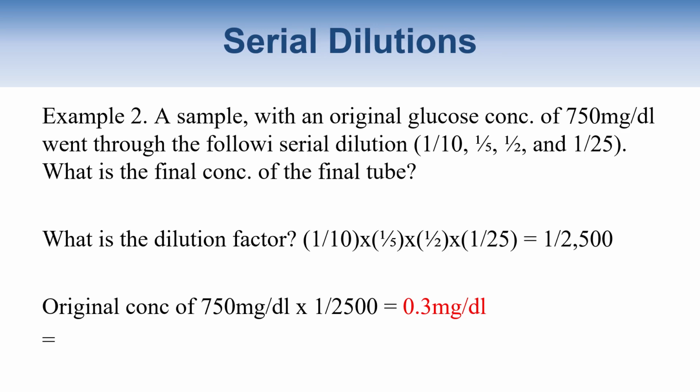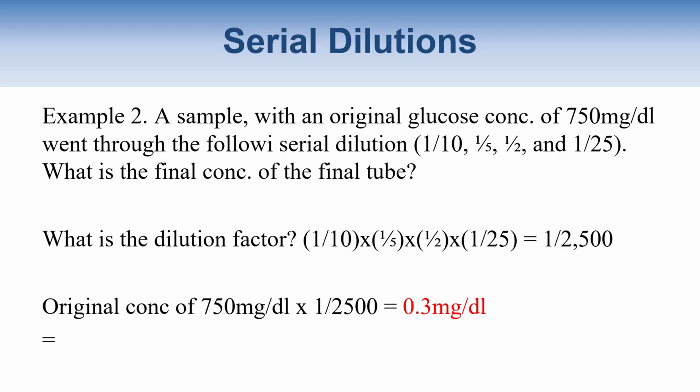Example 2: a sample with an original glucose concentration of 750 mg per deciliter went through the following serial dilution: a 1 to 10, a 1 to 5, a 1 to 2, and a 1 to 25. What is the dilution factor? Well, we would just multiply all those dilutions across, and we would get 1 in 2,500. So what is the concentration of the final tube?